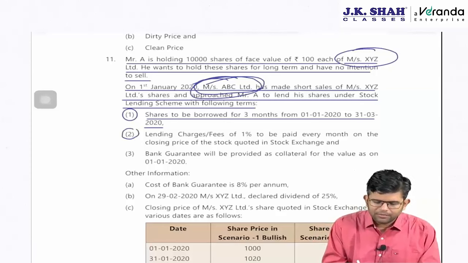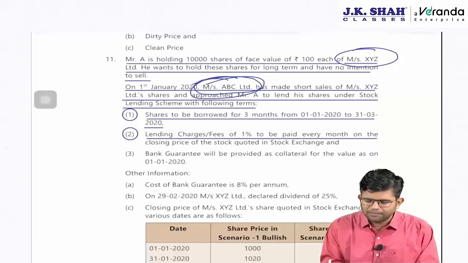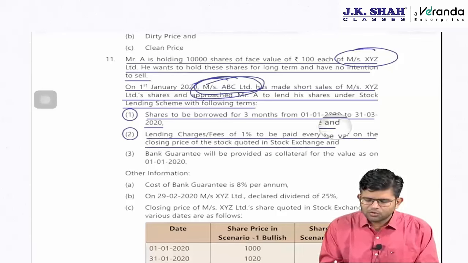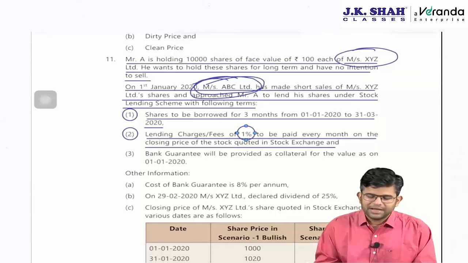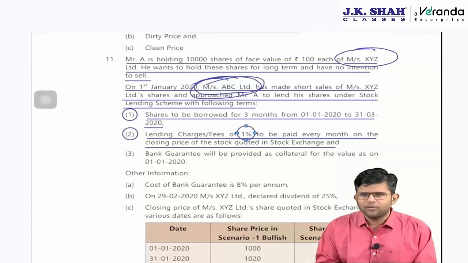Okay. Point number 2. Lending charges of 1% to be paid every month on the closing price of the stock quoted in stock exchange. So students, this 1% is basically the interest charges that ABC will have to pay to Mr. A for borrowing these shares.